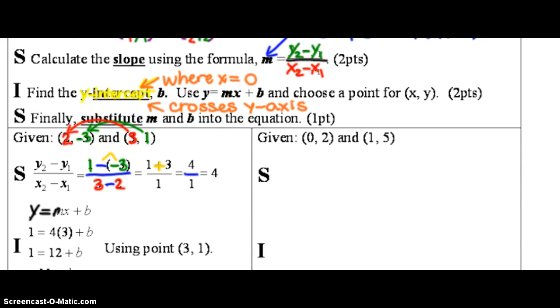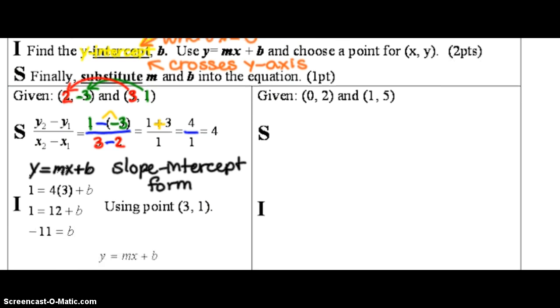Now we're going to find the y-intercept. In order to do that, we need to use our slope-intercept form. Y equals mx plus b. In order to solve for the y-intercept, you have to choose one of the points.